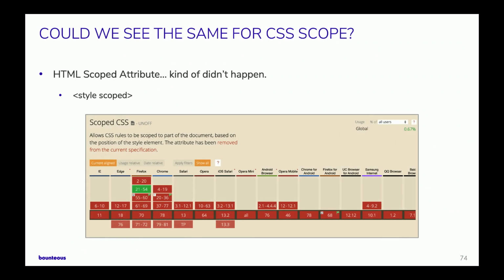So, could something like this happen for scope with CSS? And interestingly enough, it very briefly, for a tiny blip of time, did. There was a scoped attribute for HTML, which has that one little green blip for Firefox for a specific period of time. Never really caught on.